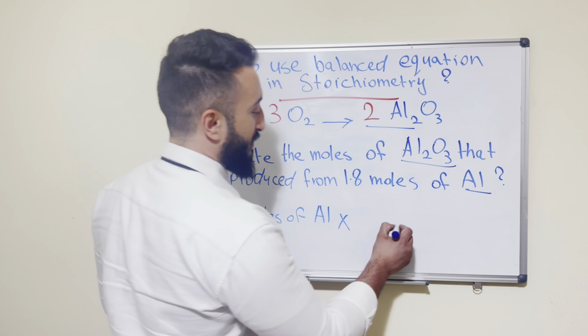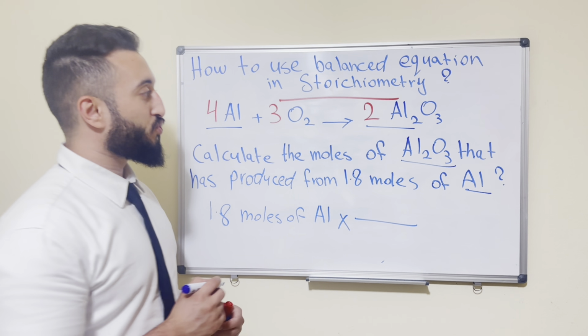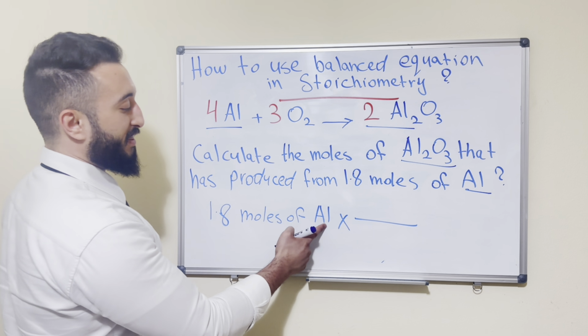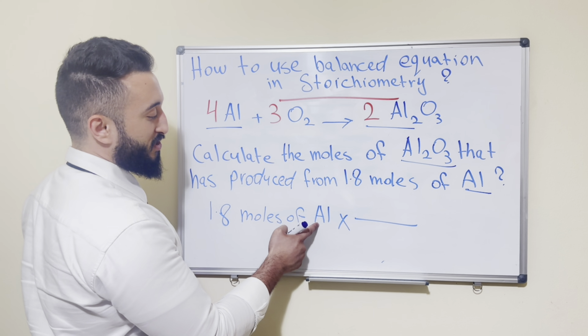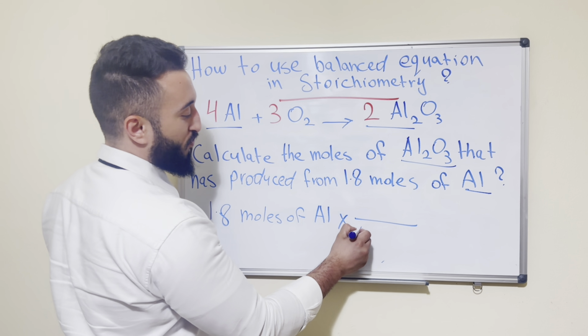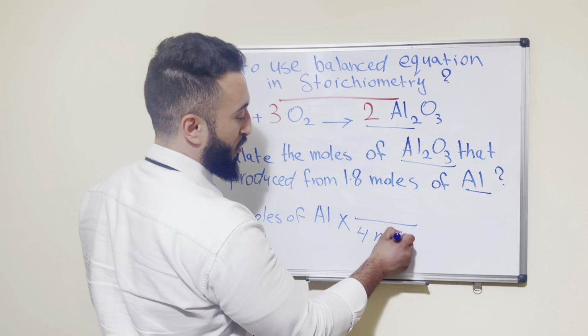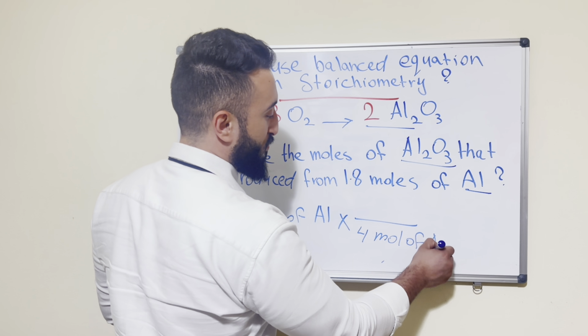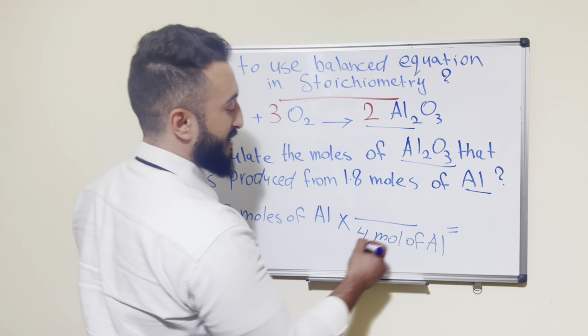The moles fraction has 2 moles on top. Let's write the given moles of aluminum down below, so 4 moles of aluminum, so we can cancel them.